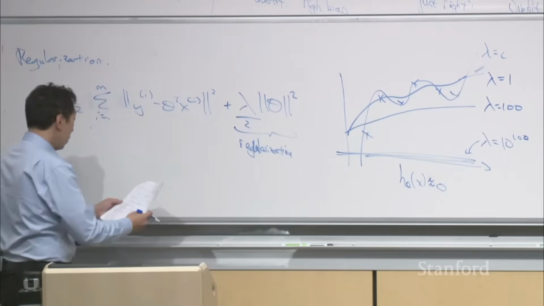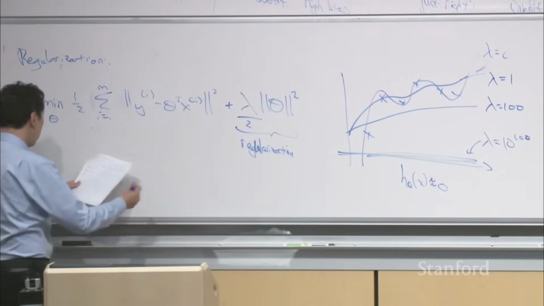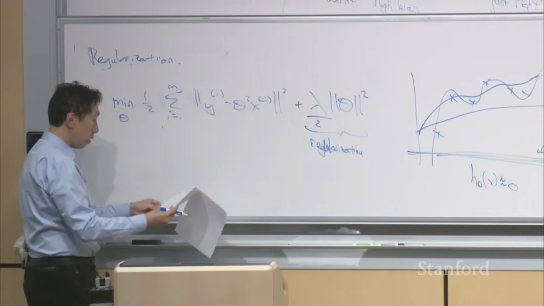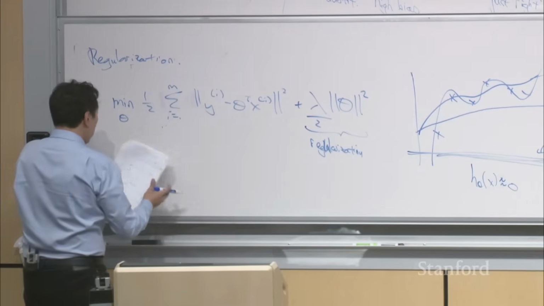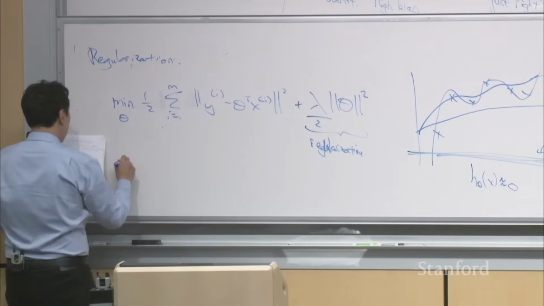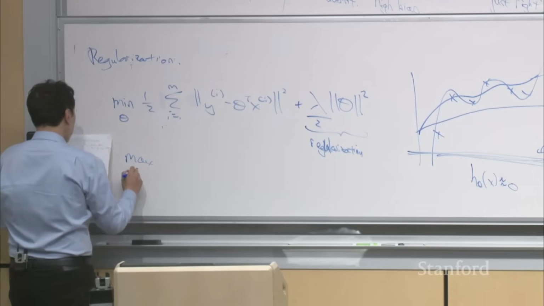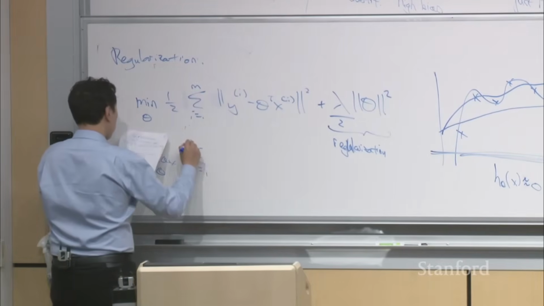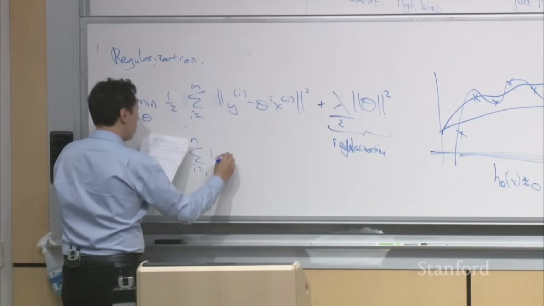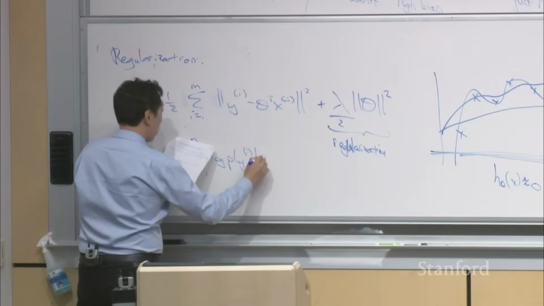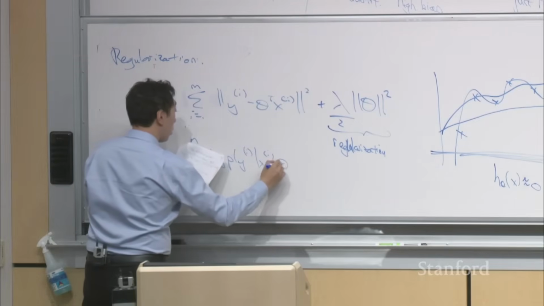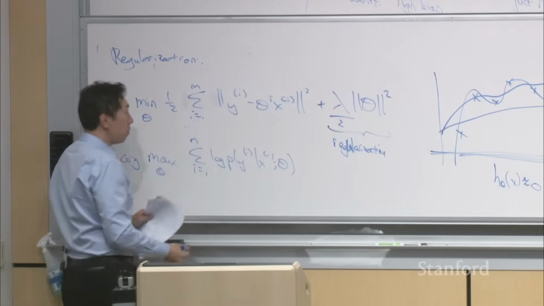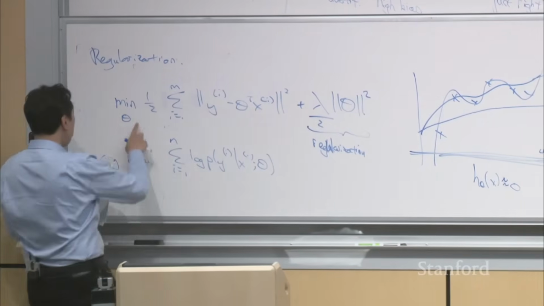More generally, if you have, say, a logistic regression problem, where this is your cost function, then to add regularization, I guess instead of min, this is a max, right?